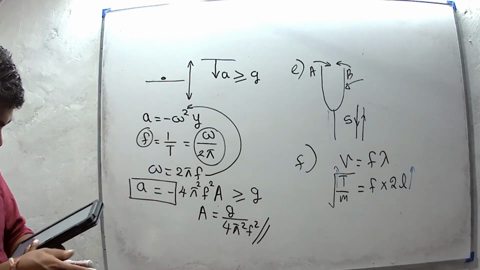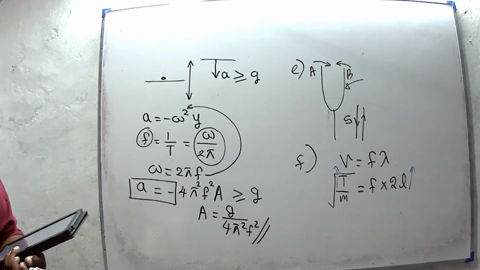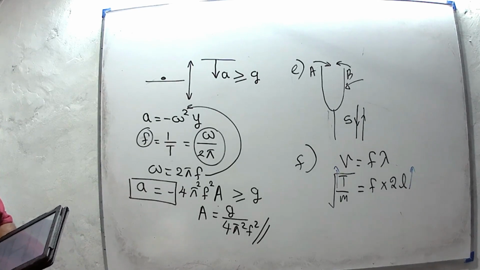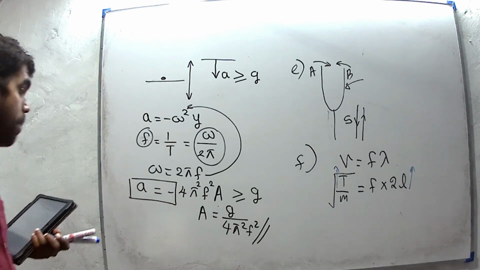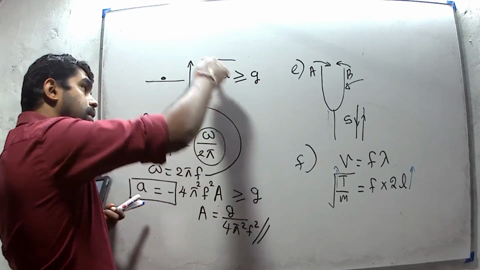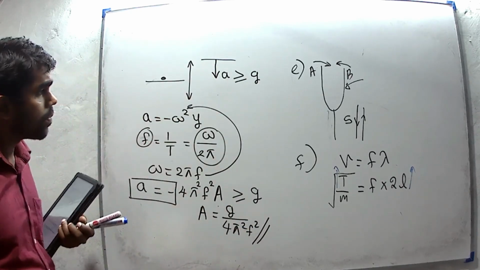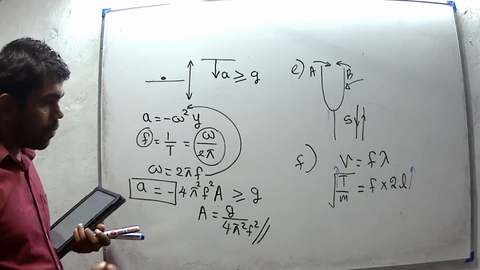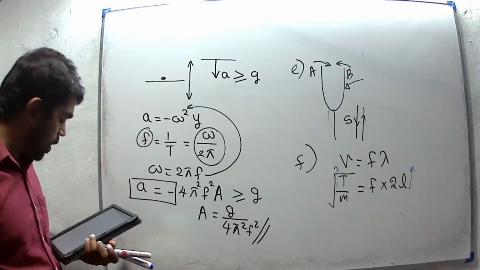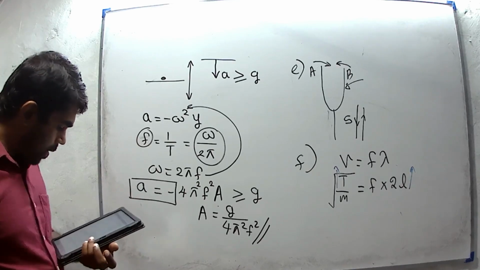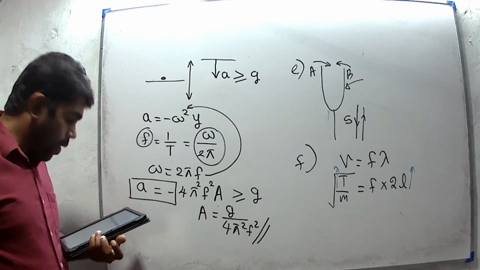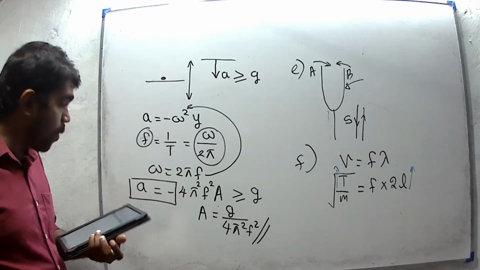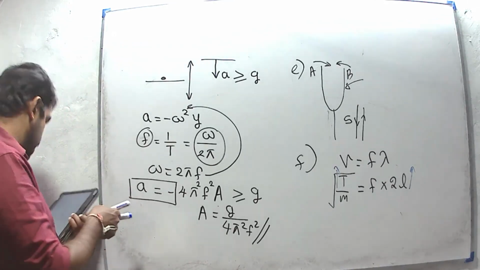It is the minimum amplitude required to jump off the tuning fork. If the amplitude is greater than this value, the maximum acceleration of the stage, it means the wire, is greater than g. If maximum acceleration is greater than g, the paper rider should jump off from the wire.